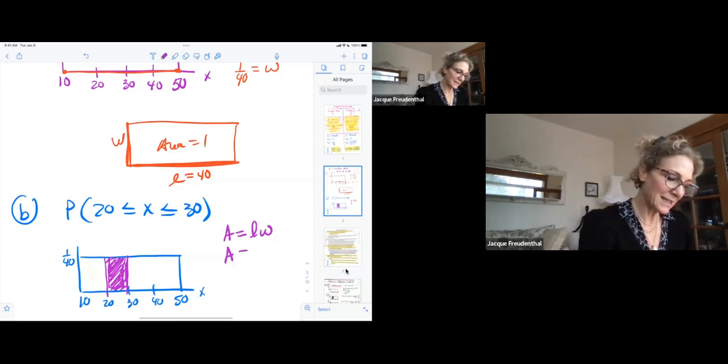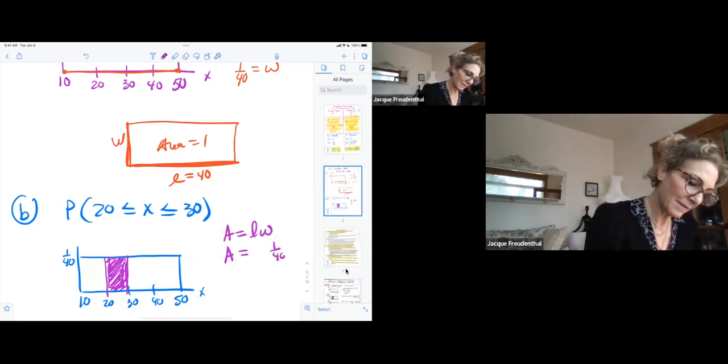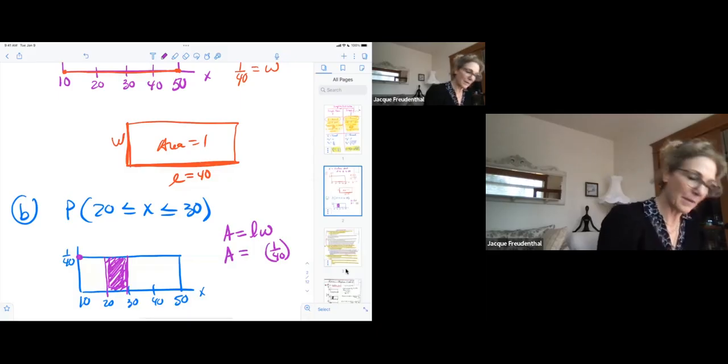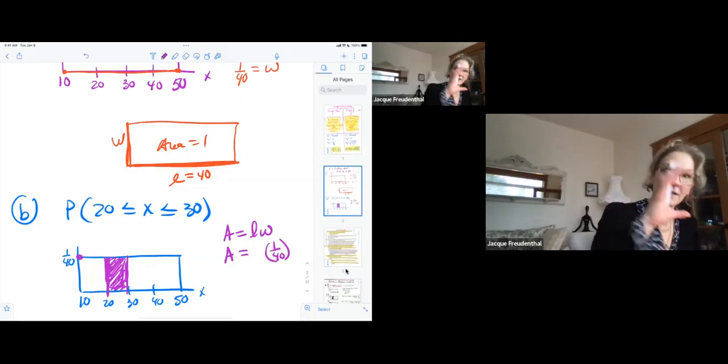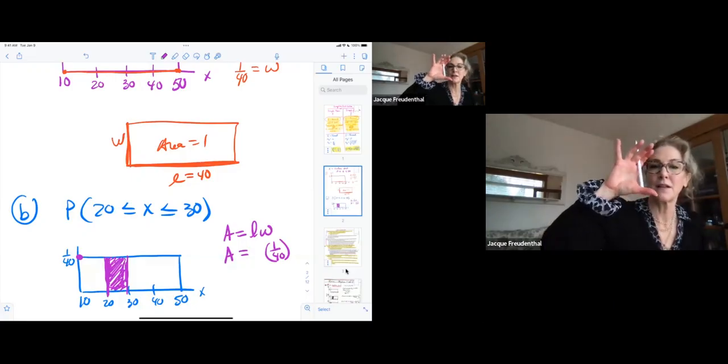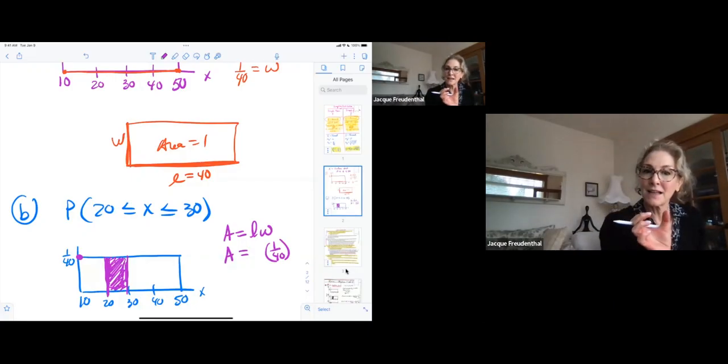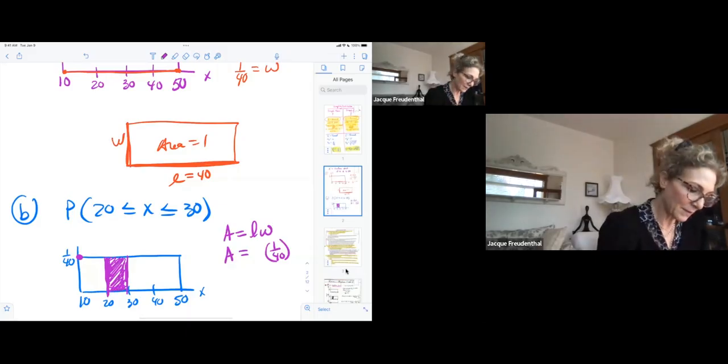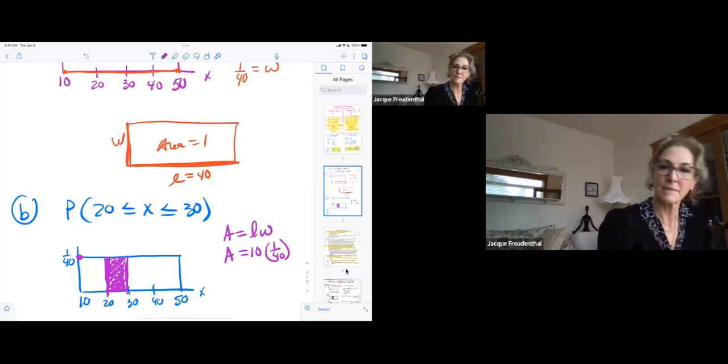So what is the distance of the length? I know the width is 1/40. That's the height of the box. I'm calling that the width. So that's 1/40. And then the length is just the distance of 10. Between 20 and 30, that's a distance of 10.